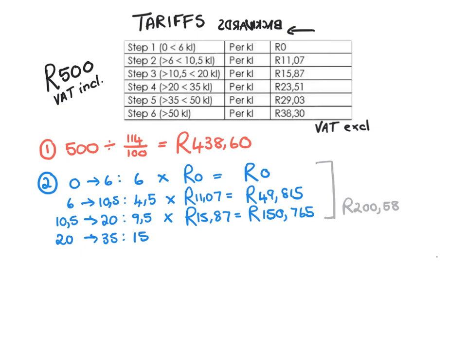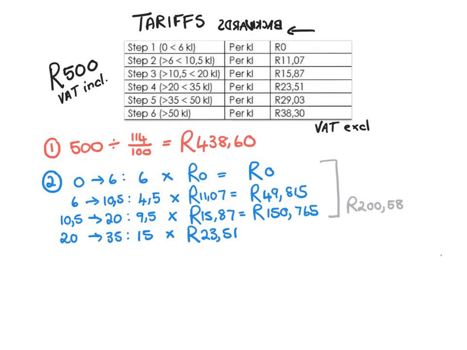That is 15 kiloliters, and the rate here is 23 Rand 51. Let's work that out quickly, 15 times 23,51, which is 352 Rand 65 cents.